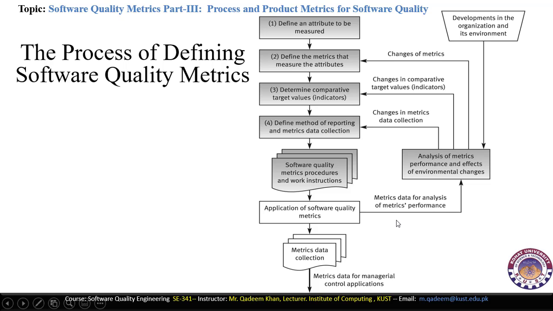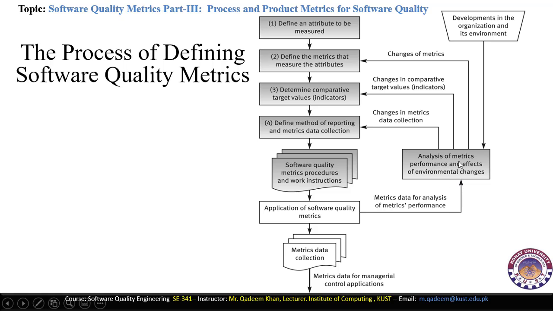So in the analysis of metrics performance, we will analyze the performance of the metrics. That means that if there are certain question marks over the metrics, then we will conduct these three phases so that they give us exact and accurate values of the metrics, and these values will be free of any sort of errors.